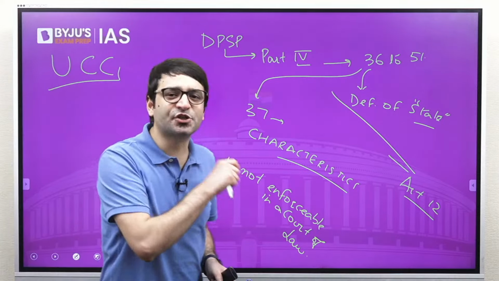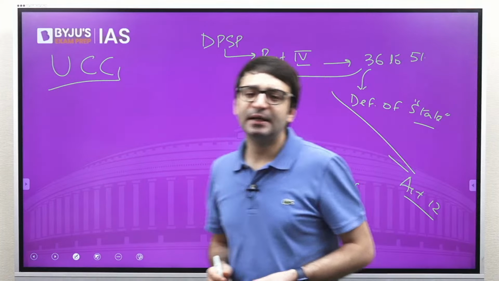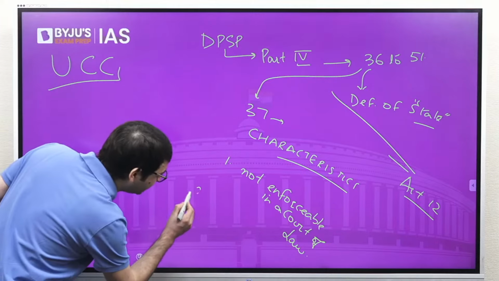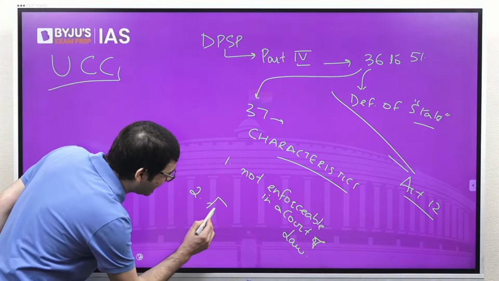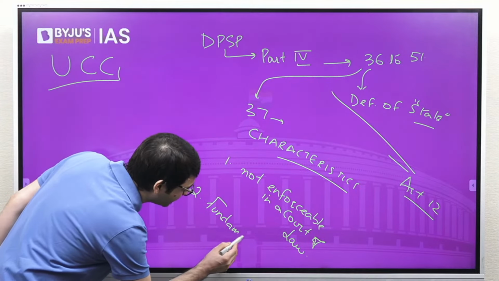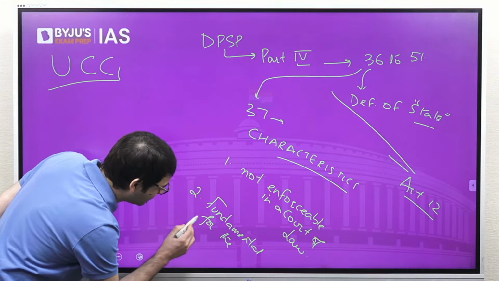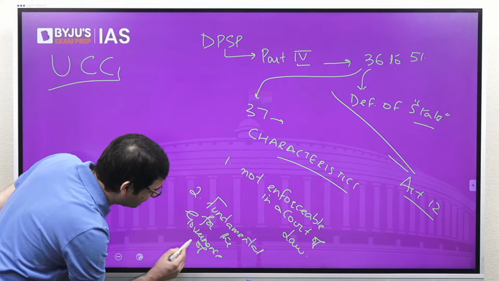But one characteristic of a DPSP under Article 37 of the Constitution is that DPSPs are not enforceable in a court of law. And another important characteristic is, nevertheless, they are fundamental for the governance of the country.